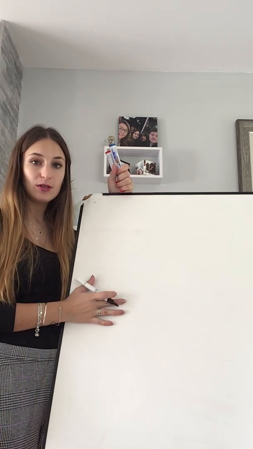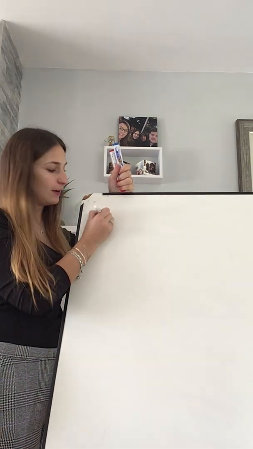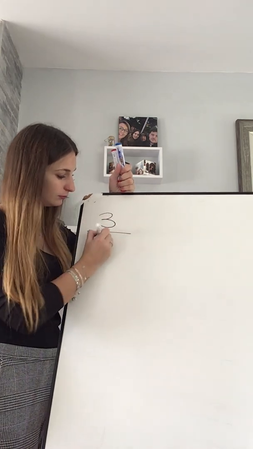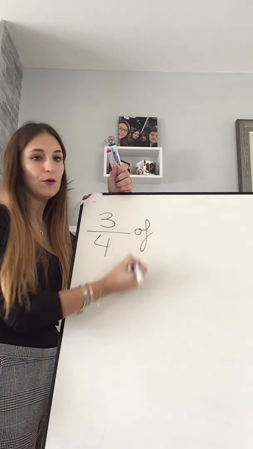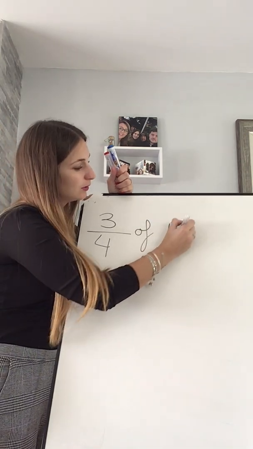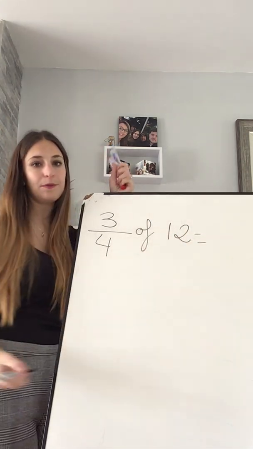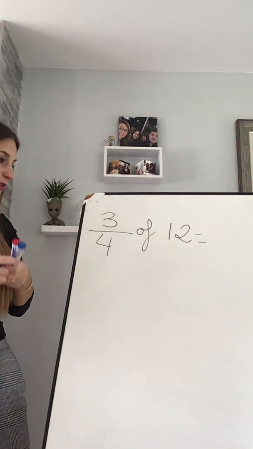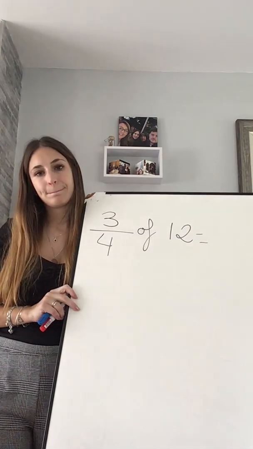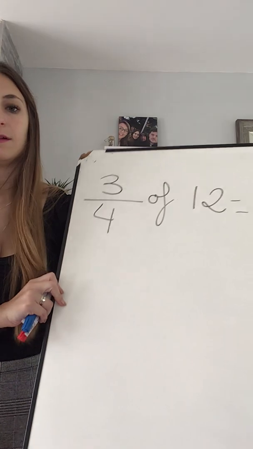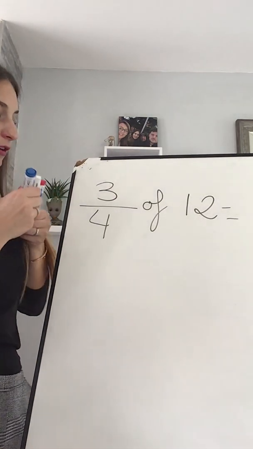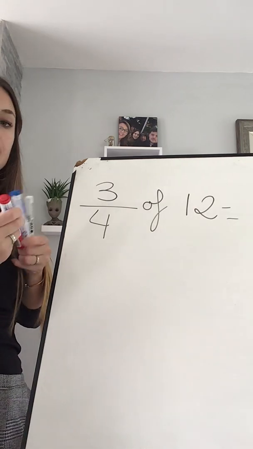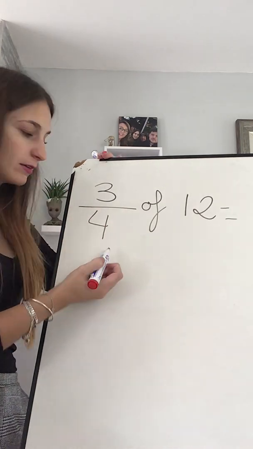Because that's the first one that you're going to do today. So if you want to start doing it in your book, you need to find 3/4 of 12. Okay? You need to find 3/4 of 12. Right. So you know that the fraction is going to be 4 equal parts.